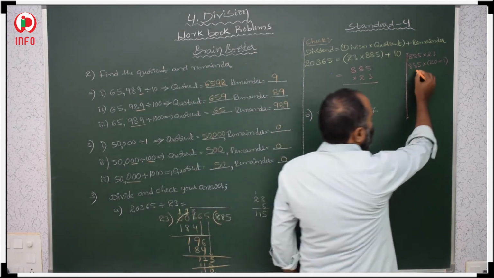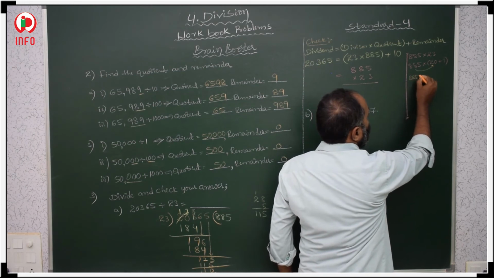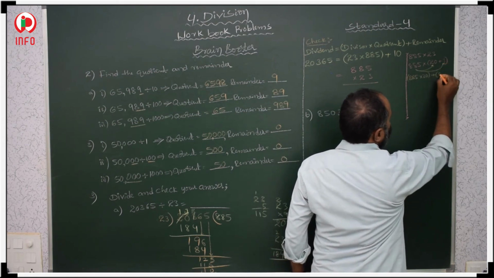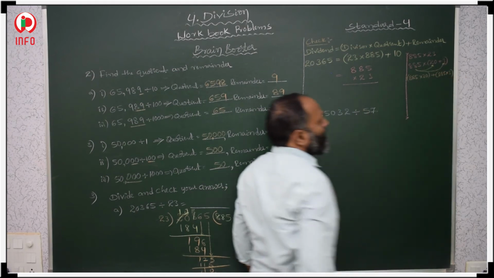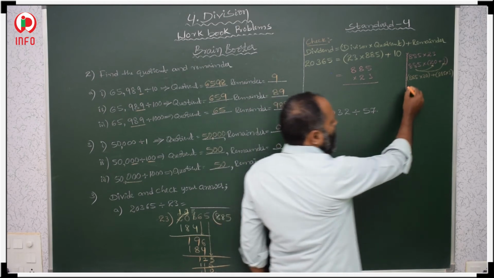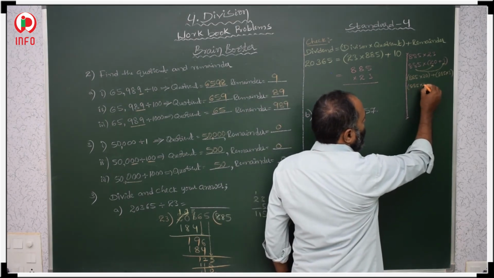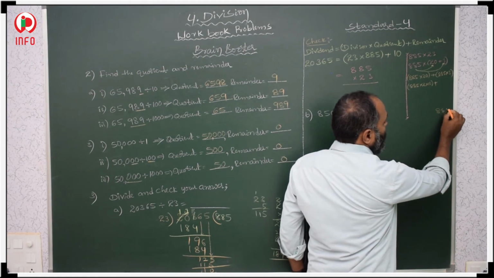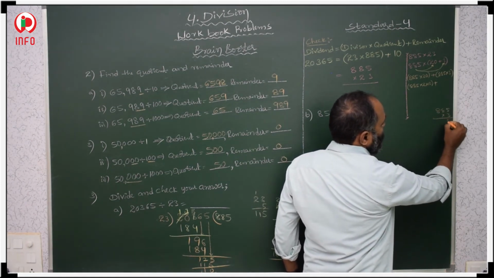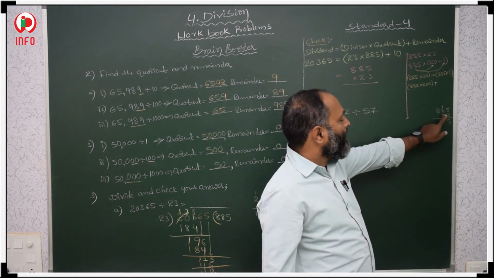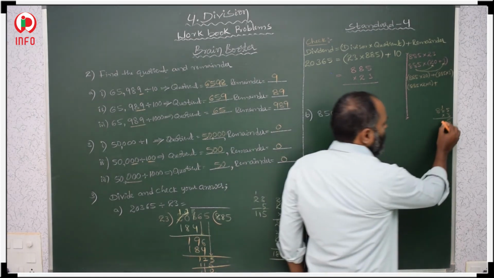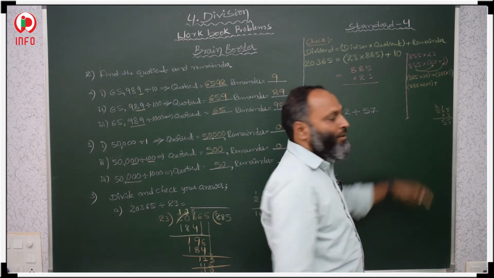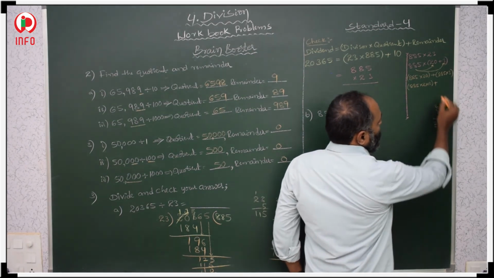According to our distributive property, 885 into 20 plus 885 into 3. Then 885 into 3: 3 5s are 15, 1; 3 8s are 24 plus 1, 25; 3 8s are 24 plus 2, 26. 2655.